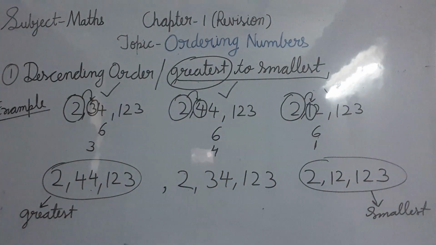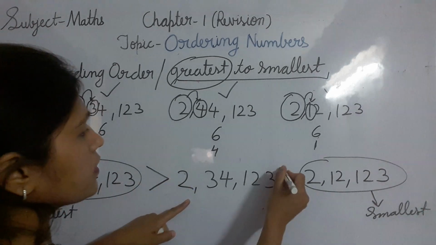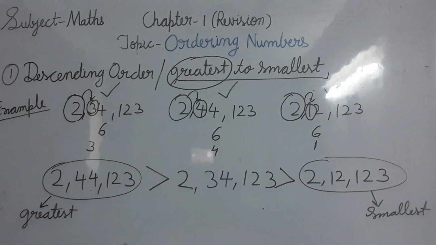Yes. And now because we have arranged these numbers in descending order, which sign do we need to put here? This is the greatest one. So greater than this, and this one is greater than this. Clear? Is it clear to you all?